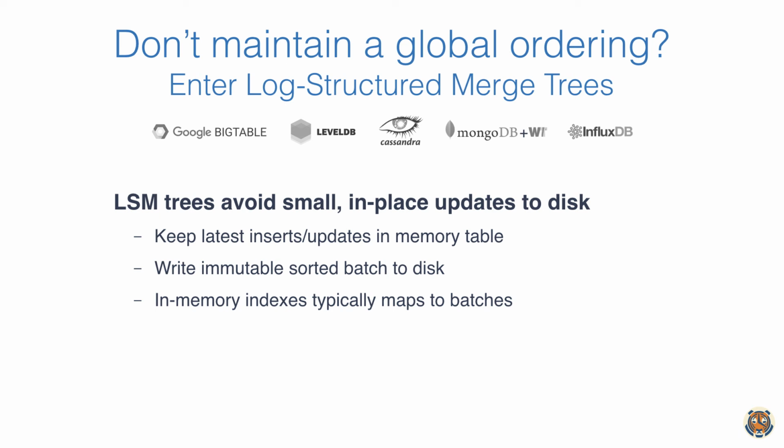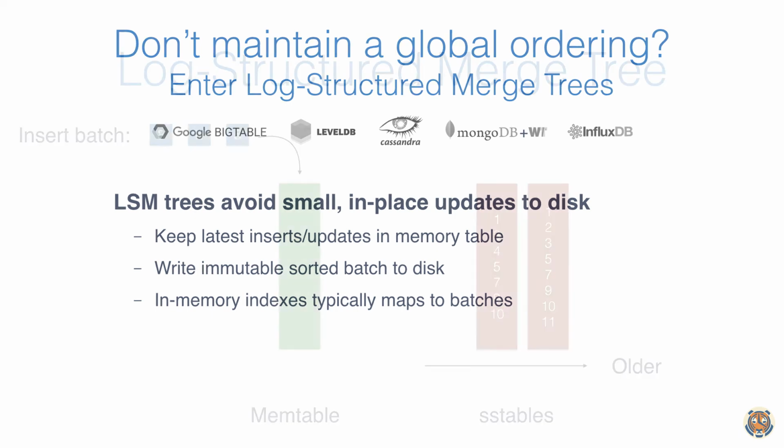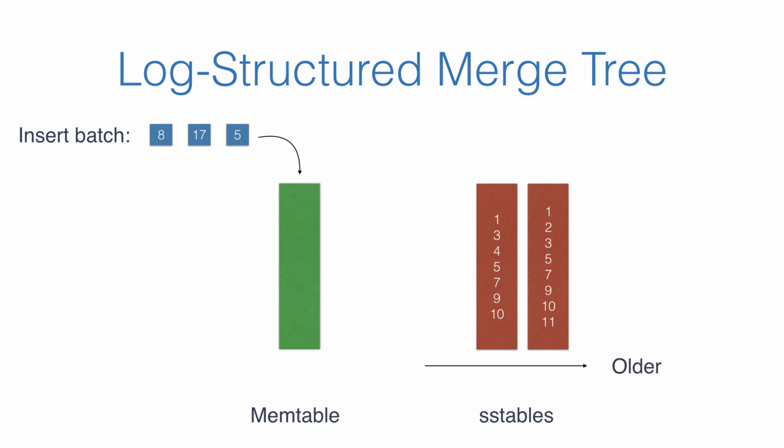And the idea there was that instead of inserting data into random parts of memory, you would batch up all the data you're inserting and insert it in one big chunk at a time. So let me go into a little bit more detail.